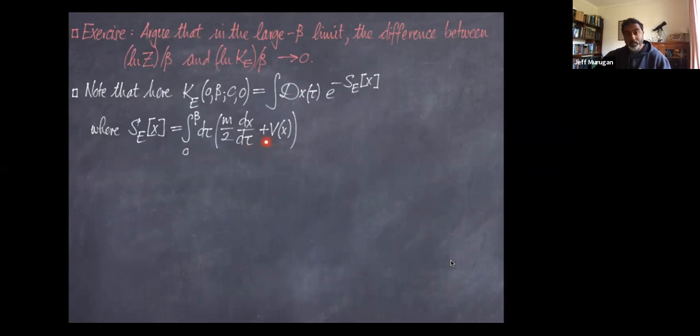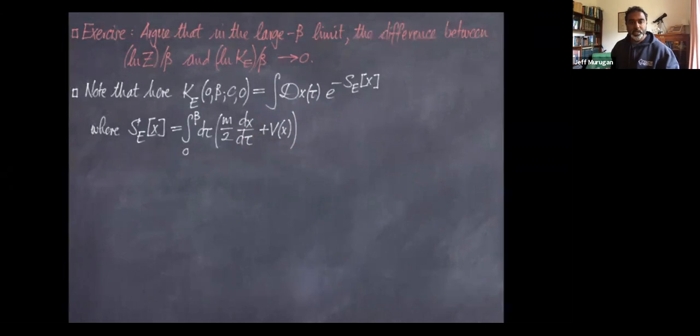Tau is a Euclidean time variable. When we specify that potential, we'll specify which problem we're thinking about. In this case, we're going to be interested in the anharmonic oscillator. So that's where we left off. Let's pick up from there and see how to solve the problem.